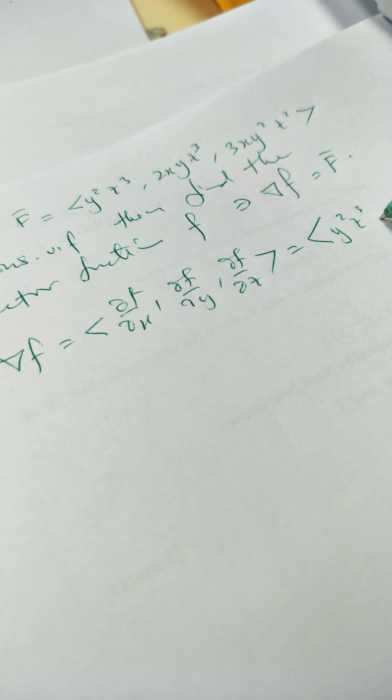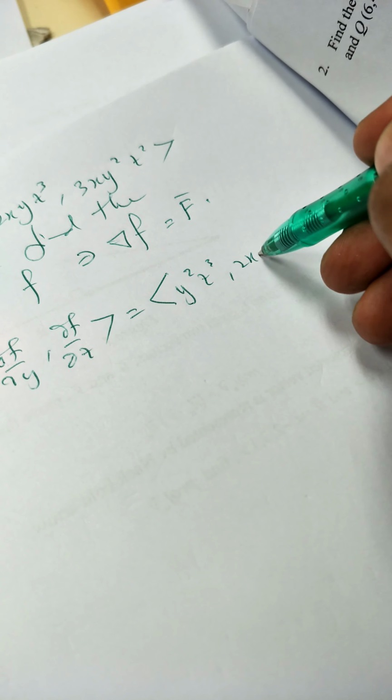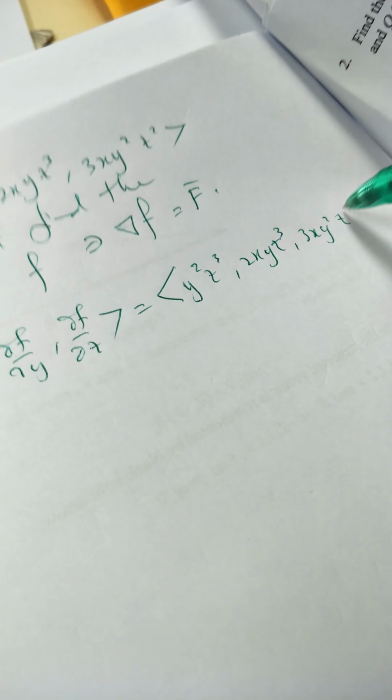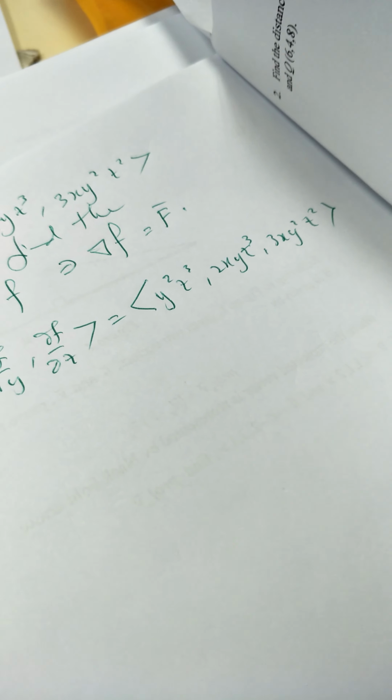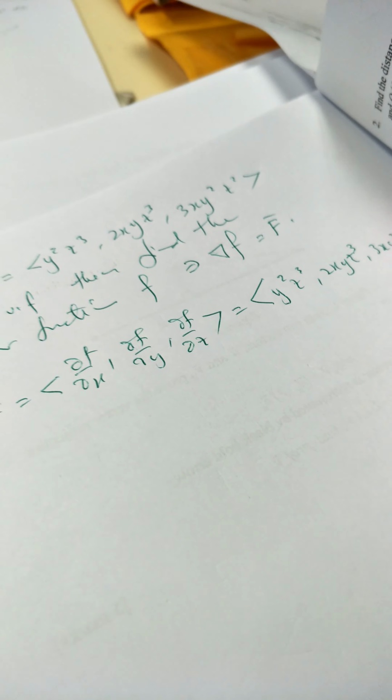Our F is (y squared z cubed, 2xyz cubed, 3xy squared z squared). Equate each of these components.